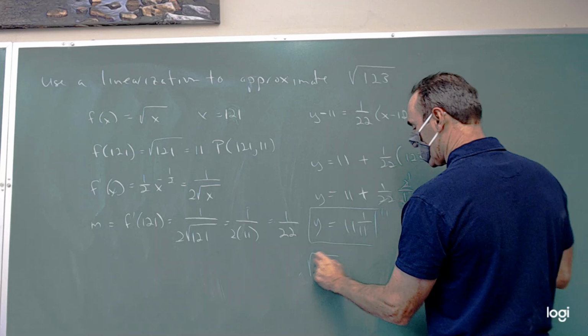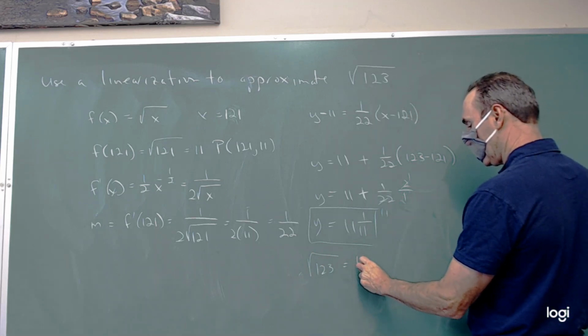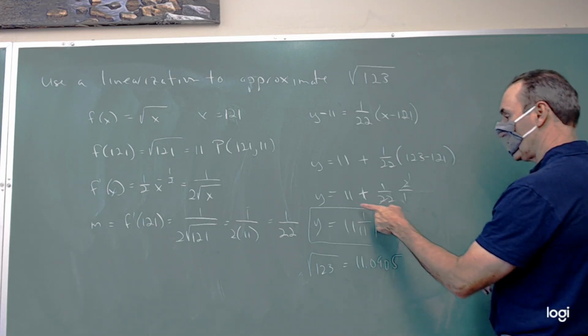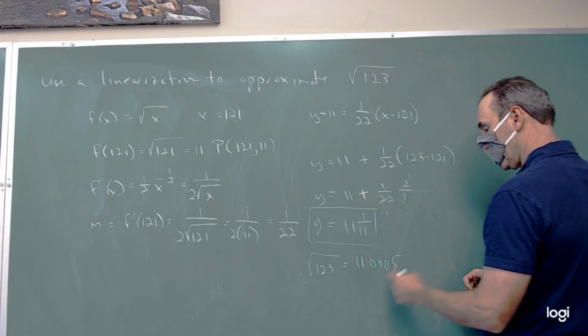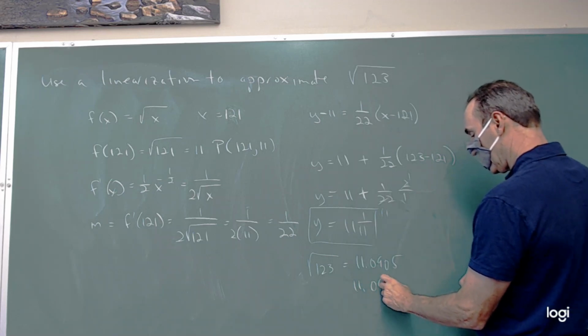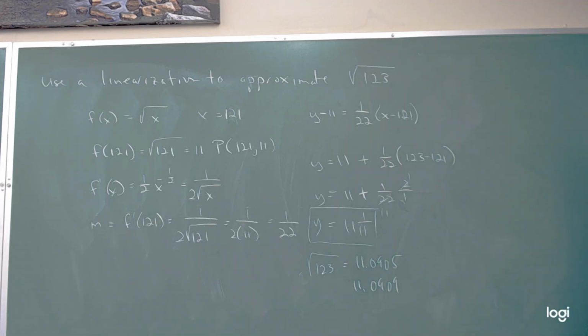Ainsley, what'd you get for square root of 123? 11.0905. And did you go 11 plus 1/11? Yeah, it's 11.0909. Oh, not too bad, huh? Okay.